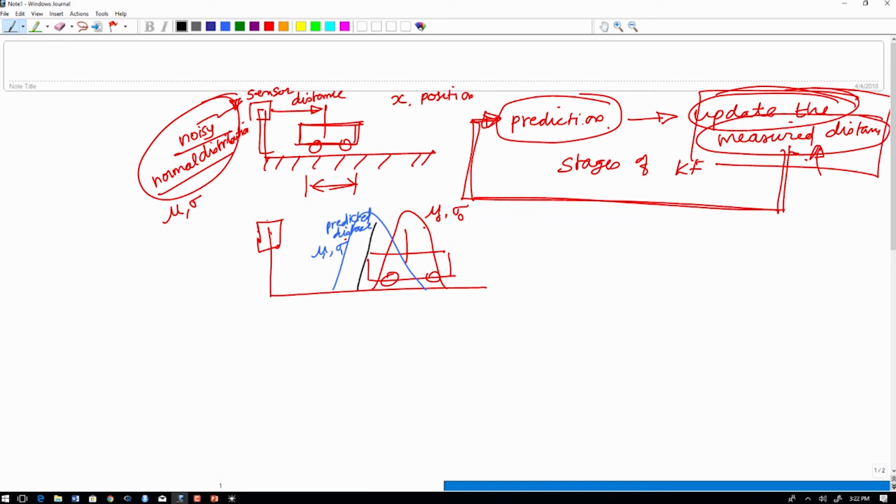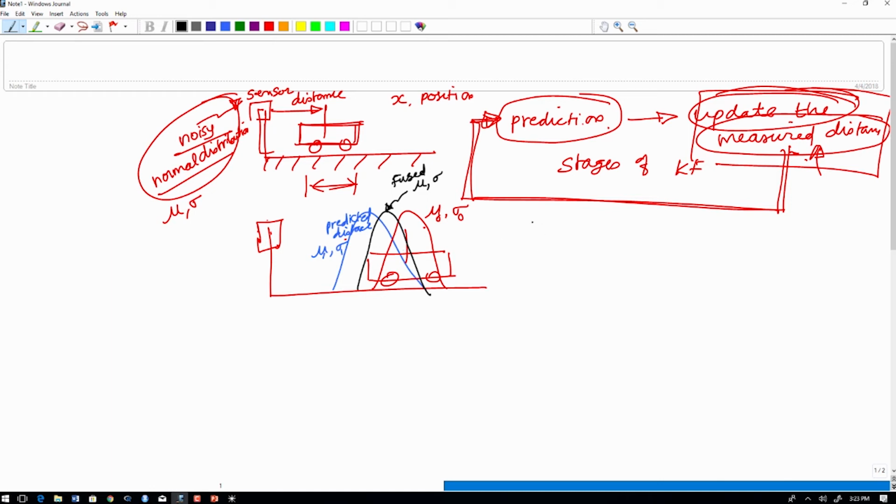So, it can be another distribution. Let us say this is the updated one, or updated or fused. Let us say fused. This can be mu, sigma.